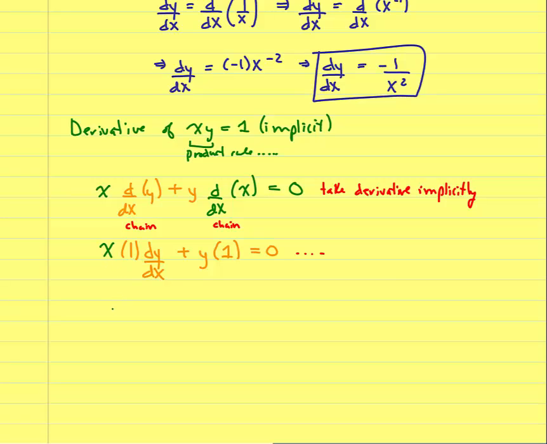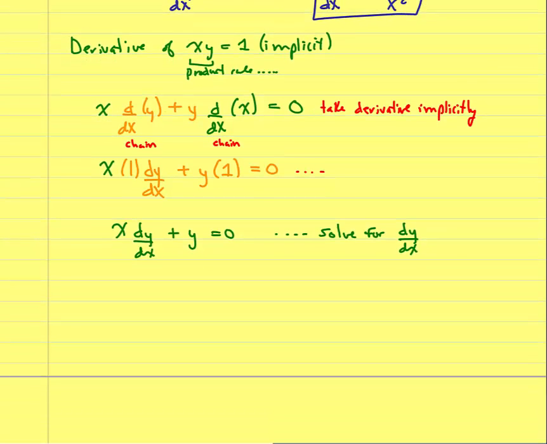So I have x dy dx plus y equals 0. So here I want to solve for dy dx. Okay, so I would subtract y from both sides.